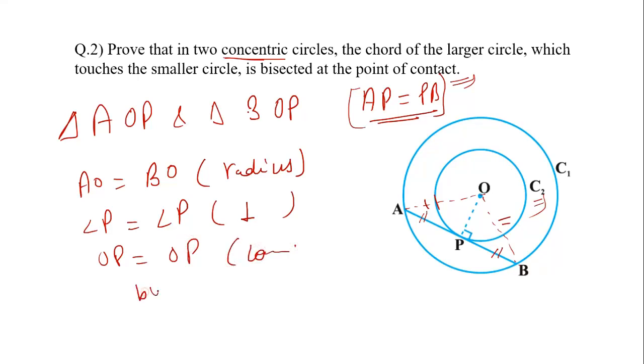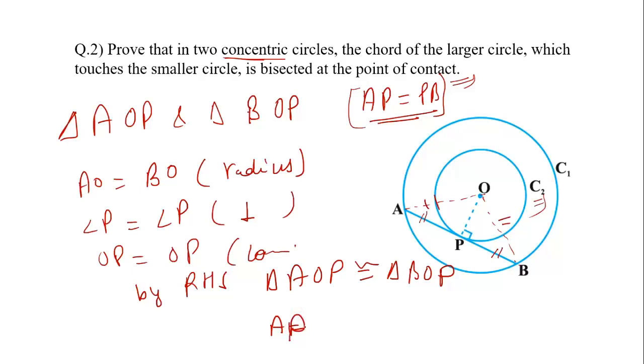So by RHS triangle AOP is congruent to triangle BOP. So AP equals PB, hence proved.